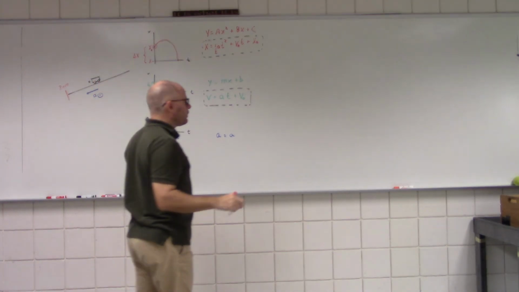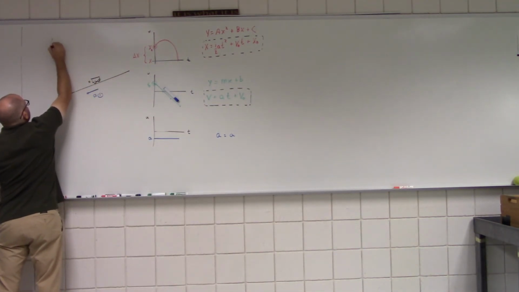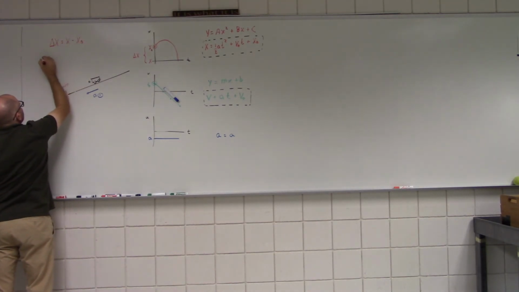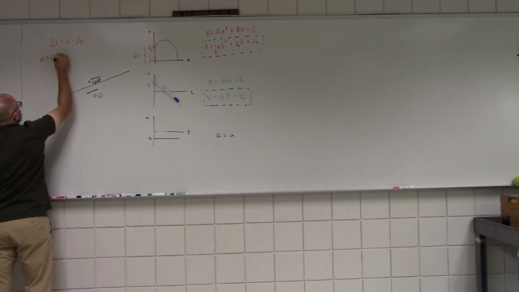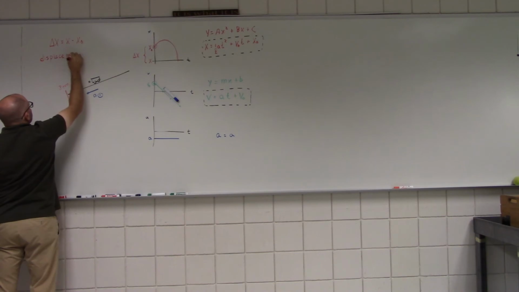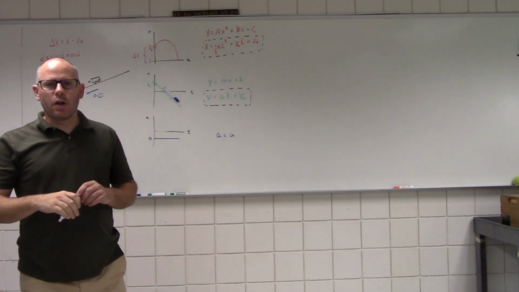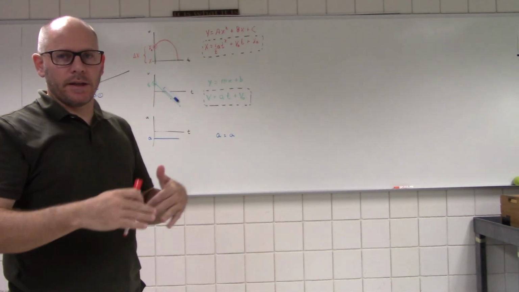And we have a name for this. The change in the position is called the displacement. And it really is just you take the final position minus the initial position.